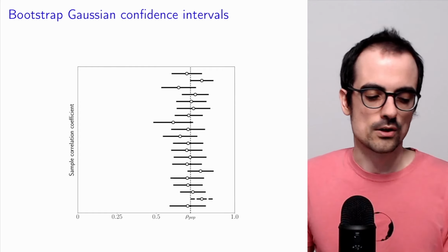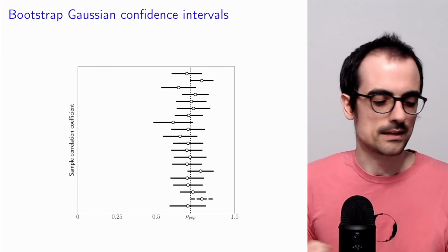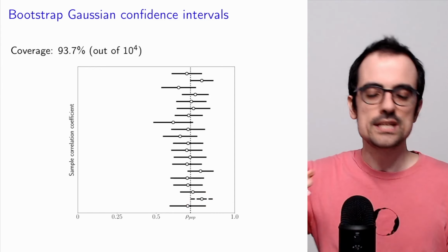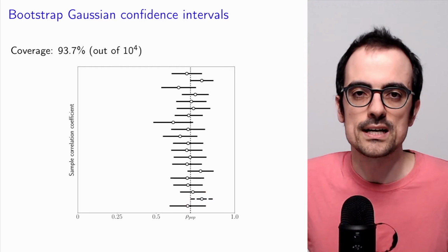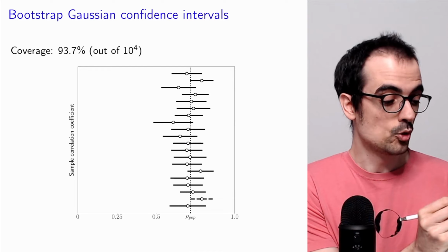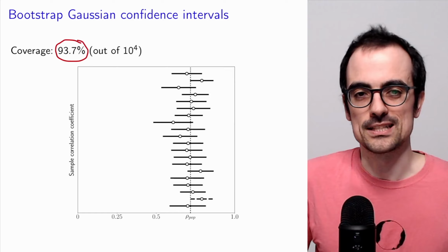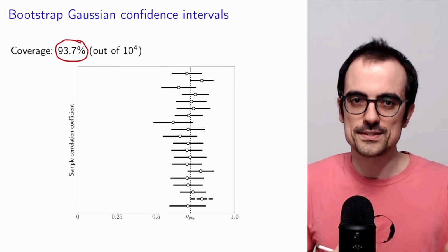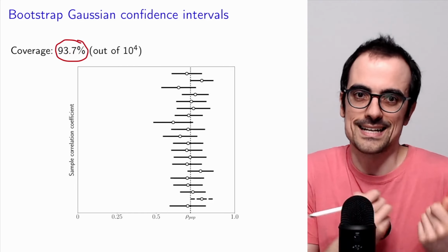Here are some confidence intervals that we built in this way, because remember, in our control scenario, we do have the underlying population, and they're all inside except this one. If we do this for 10,000 different samples with N equal to 100, we see that the confidence intervals contain the true population correlation coefficient 93.7% of the time, which is great, because the probability that we want is 95%, and as we have seen, the Gaussian approximation is not exact, right?